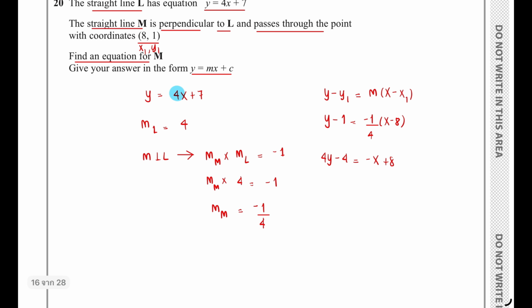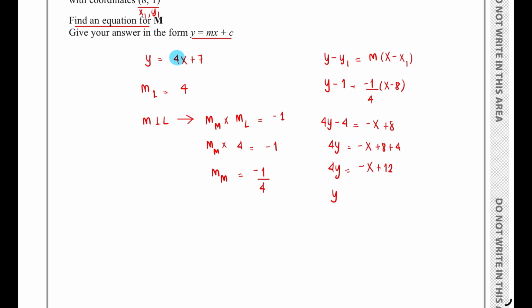Then I will move 4 to the right hand side, and it becomes positive. So we will have 4y equal to negative x plus 8 plus 4, so 4y equal to negative x plus 12.